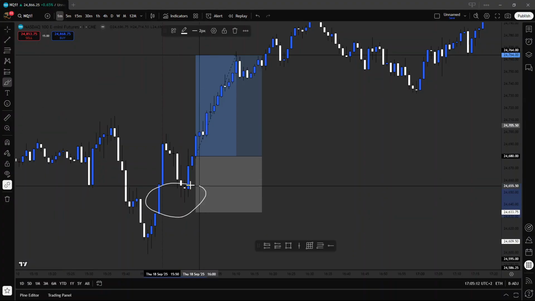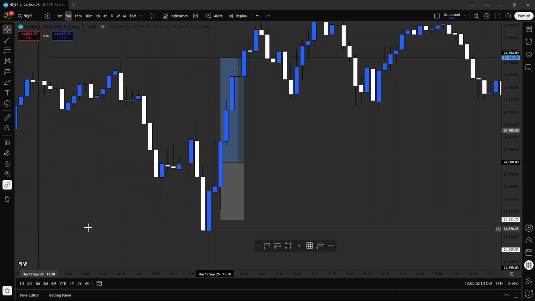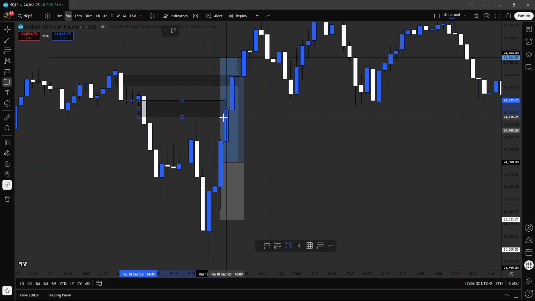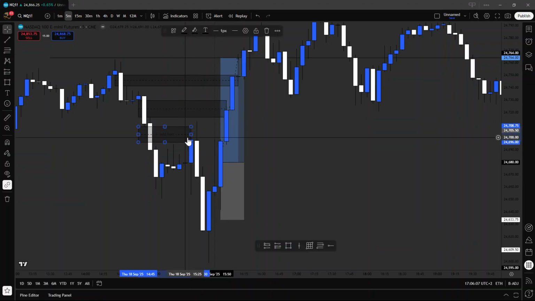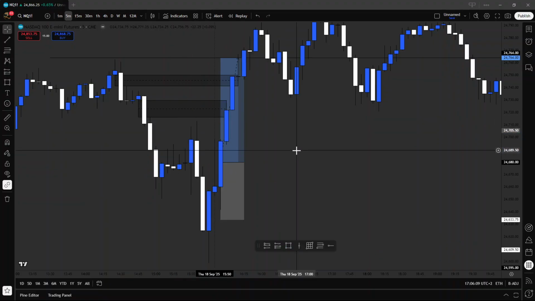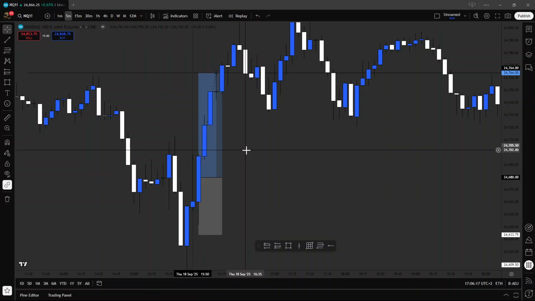This gap got filled, but those ones did not. Also on the 5-minute time frame, there are many fair value gaps right here, and also you can be saying, why didn't you go short on those ones because it got filled here? Because I had a bullish bias, and you don't go and say, okay, I see a fair value gap right here, and I'm gonna enter because of that.